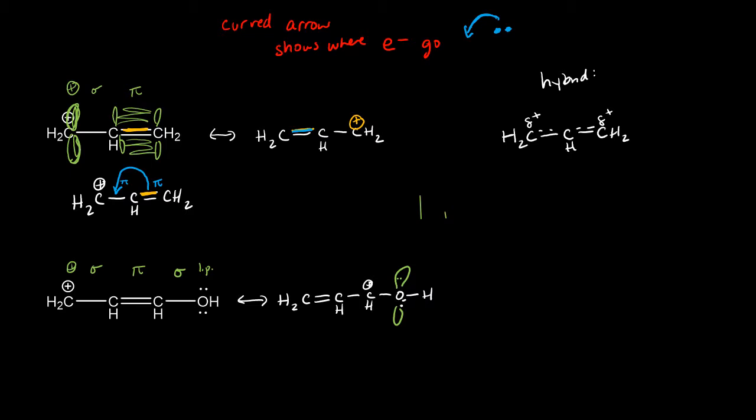So what we'll do is we'll take that lone pair in the p orbital and push it toward the positive, okay? So it starts as a lone pair, then it's going to go to help fill that carbon's empty orbital. So it's going to end up as a pi bond.